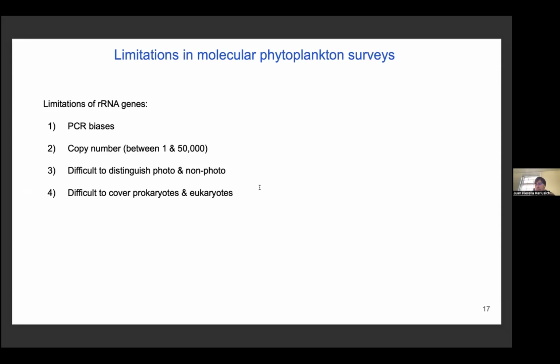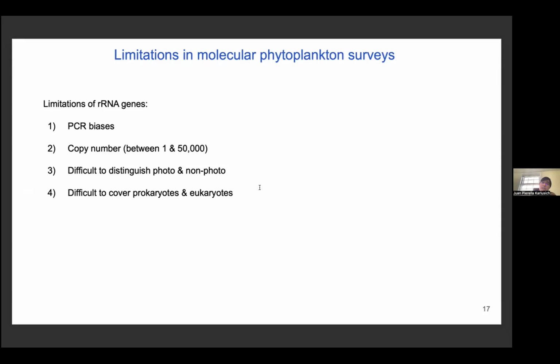What I mean is that, as I mentioned, the chloroplast has been gained in independent events during evolution in different branches of the eukaryotic tree of life. And in addition, it has been lost multiple times independently in different lineages.